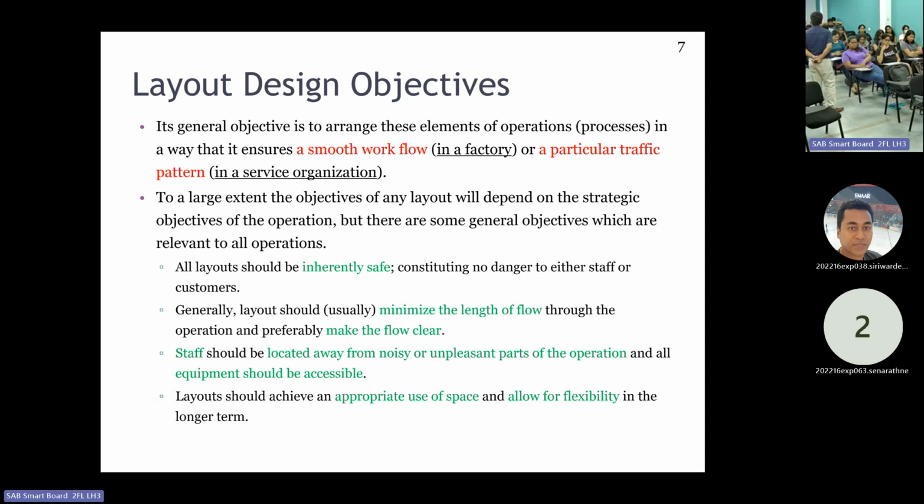In addition to that, what else do you think? What are the other concerns? What else should we think about when designing a layout? These are okay groups, but you may have your own understanding here. Cost of the layout design.